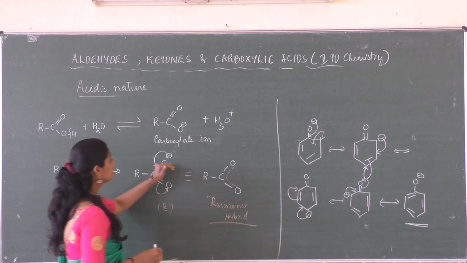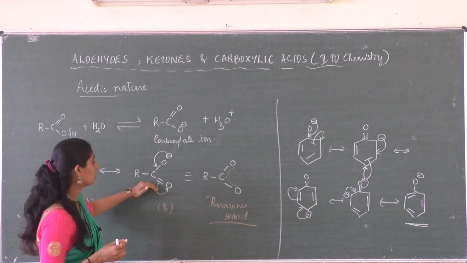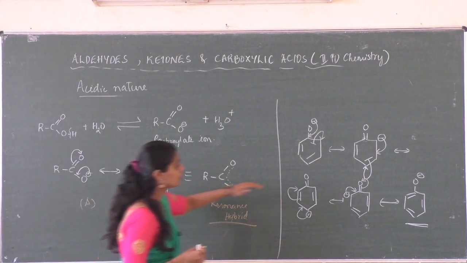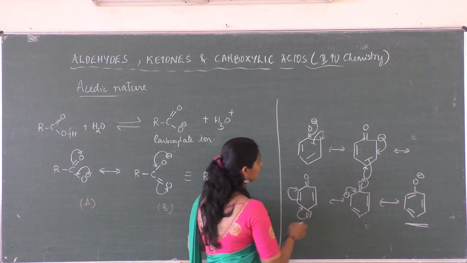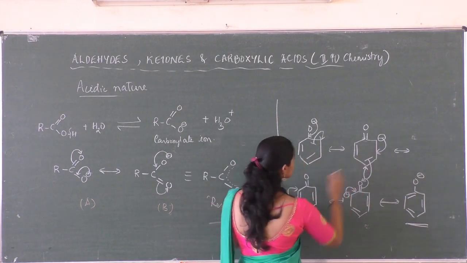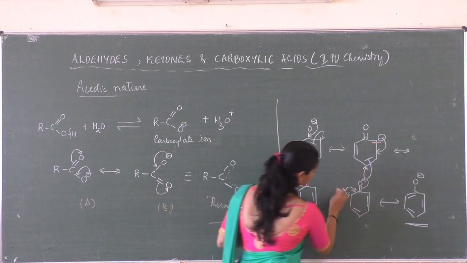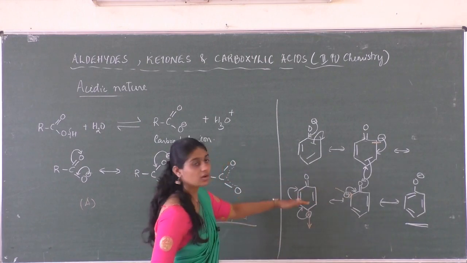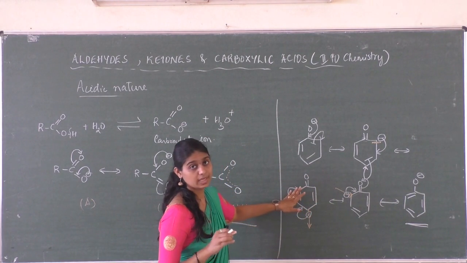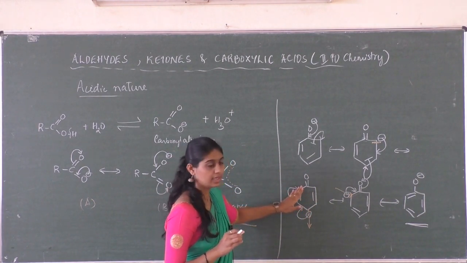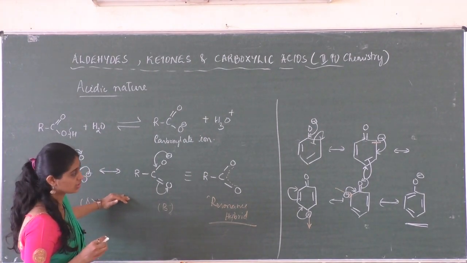Moreover, the electron distribution takes place on the more electronegative oxygen atom, whereas in the case of phenol you can see that the negative charge is present on this carbon atom, then on this carbon atom, and then on this carbon atom. So in all, the resonance structures are not equivalent, they are non-equivalent, whereas in this case we have two equivalent resonance structures.